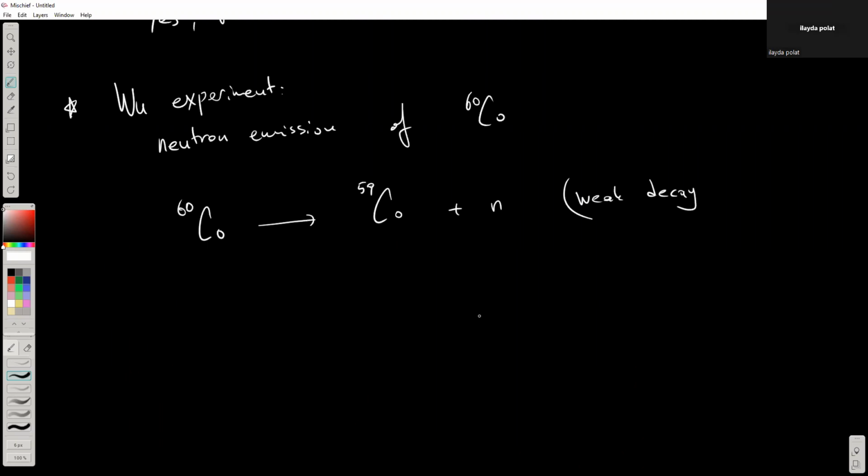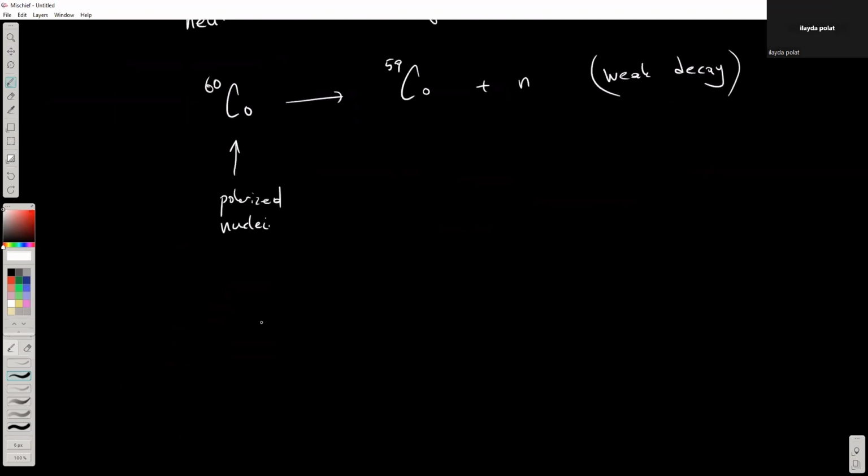So the idea of the experiment is to actually use polarized nuclei. And polarized means that every nucleus has a spin. So you just somehow orient all the spins of the nuclei in some certain direction, okay?